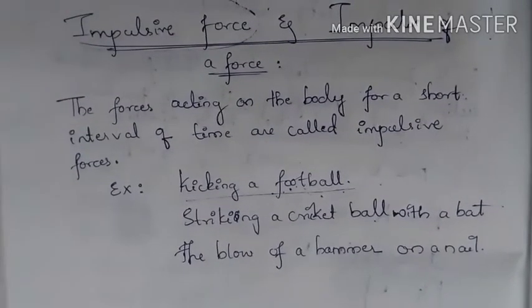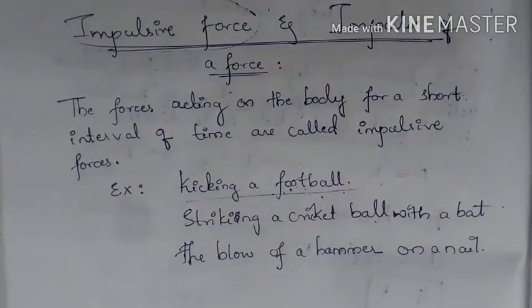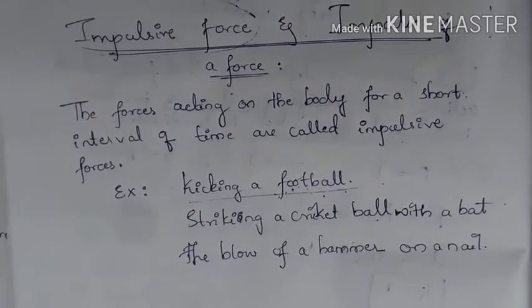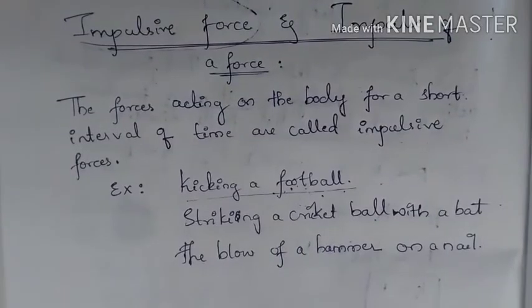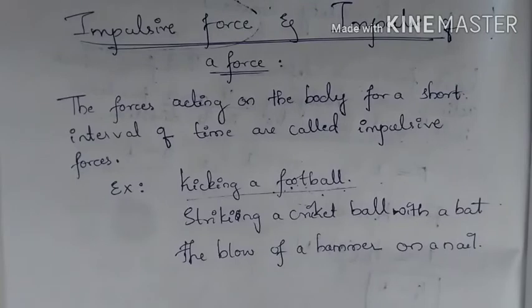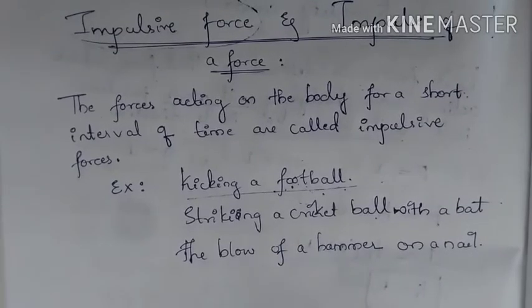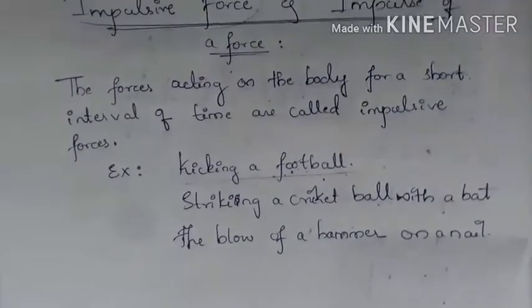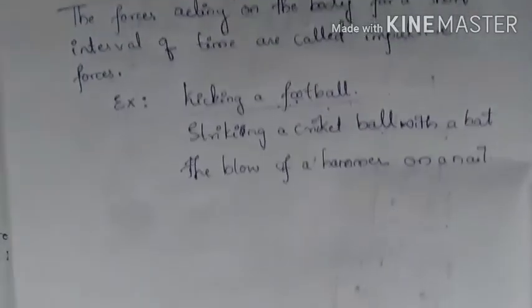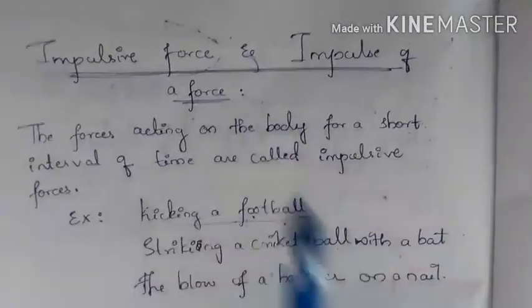For that, we'll take the product of average force and the time interval for which the force acts. Since we cannot measure the direct magnitude of force, we will take the product of force and time. The product of the average force and the time for which it acts on a body is called impulse of the force.